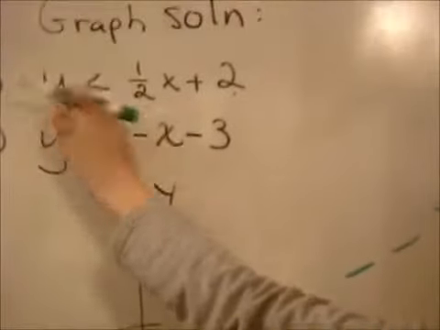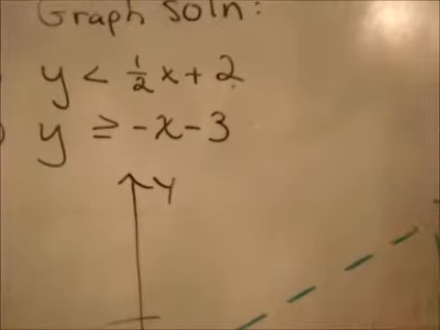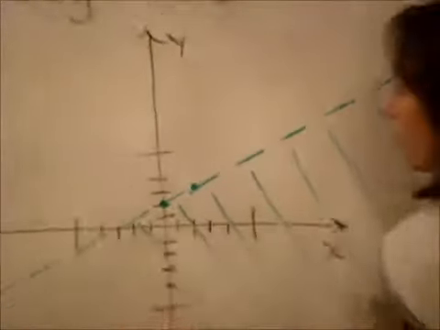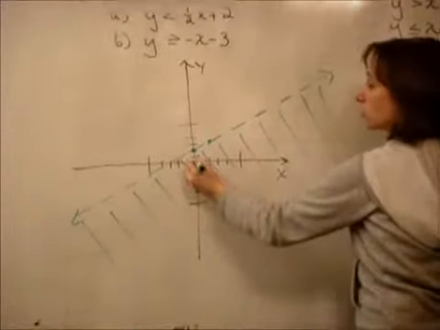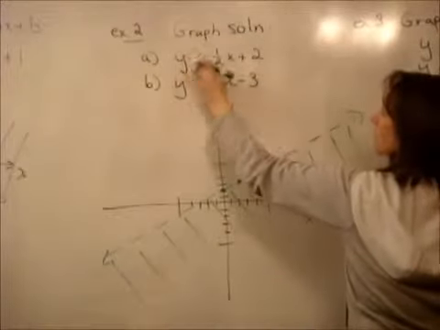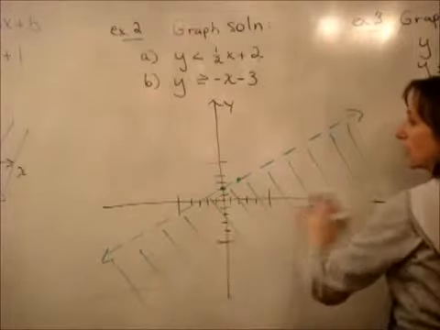It says y is less than this, so we're going to shade under the line this time. So I'm going to shade down here. You can put in the point 0, 0, and if it makes it true, then we color in the right side. So it's going to be 0 is less than 2, so that's correct. This point should be in the shaded area.